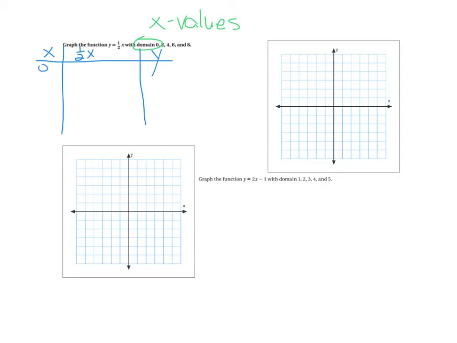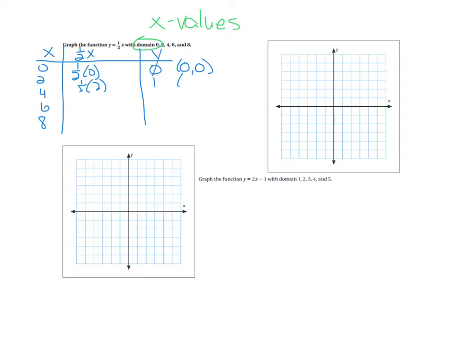They gave us 5 specific values, 0, 2, 4, 6, and 8. We're going to plug those into the function. When x is 0, we get half of 0, which is 0. Y is 0. We just found the point (0, 0). When x is 2, half of 2 is 1.